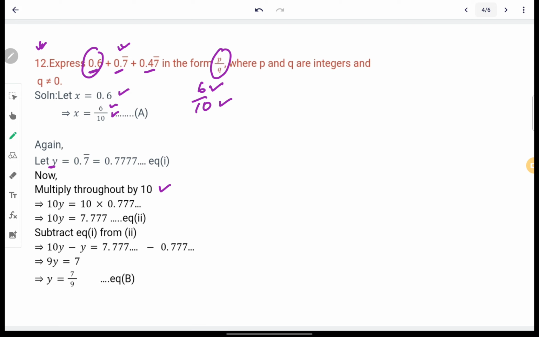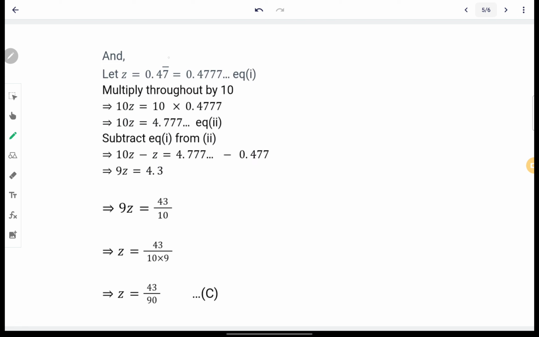One more is left, 0.47 bar. Only one digit is repeating again, which is the 7 bar. So once again multiplying throughout by 10. Remember I'm taking it to be equal to z. In place of always taking x, we're taking x, y, and z for this question. Since only one digit is repeating after the decimal point, multiply by 10, so z will become 10z, and the right side is 10 multiplied by 0.4777 bar till infinity. When you multiply these two, we're going to get 4.777.